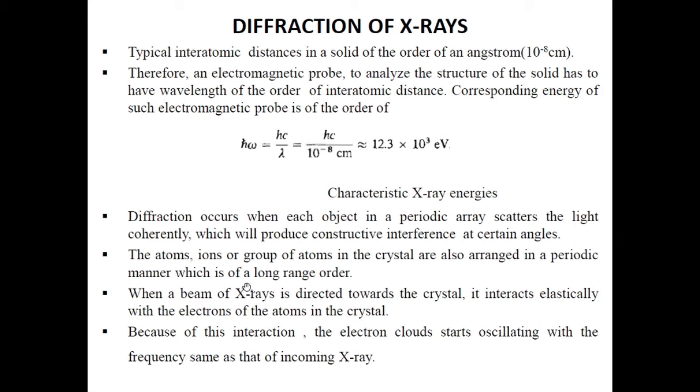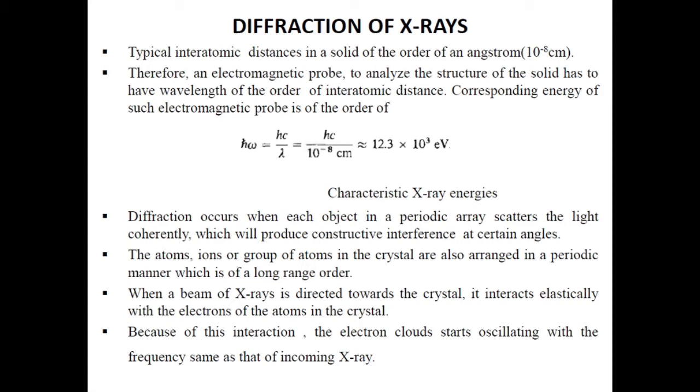So when X-rays interact with such a periodic arrangement of atoms or ions or groups of atoms, they interact elastically with the electrons of the atoms in the crystal. For clarity of understanding, since there are lots of electrons within the atoms of the crystal, we will talk about electron clouds rather than individual electrons.